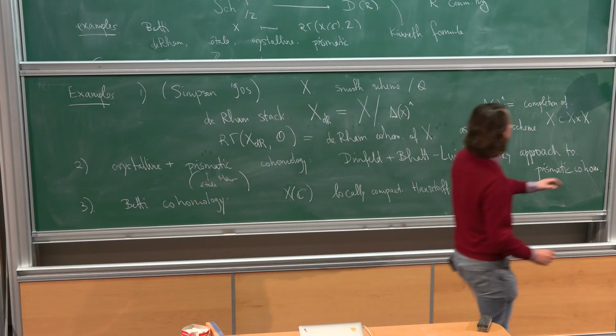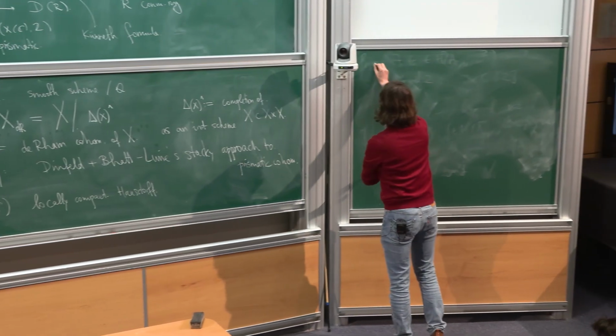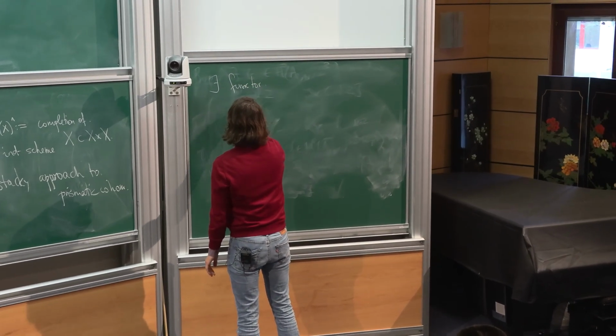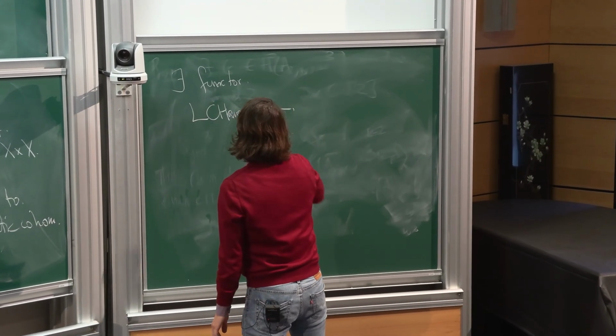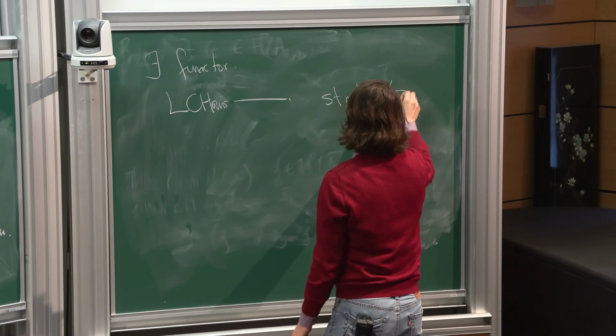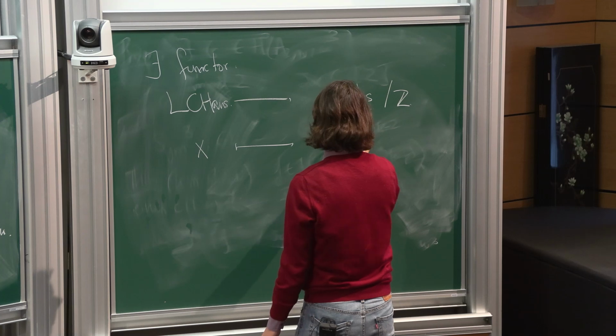So that's the following funny construction. There exists some kind of canonical functor from locally compact Hausdorff spaces towards stacks over the integers. Let me just write X maps to X Betti.